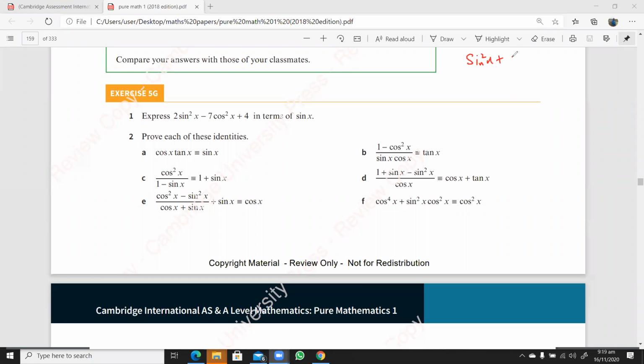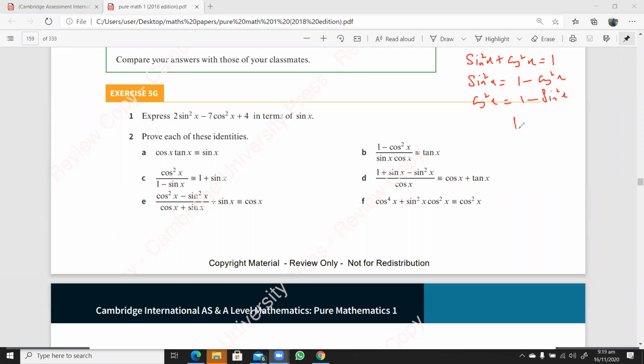Sine square x plus cos square x is equal to 1. And from this you have sine square x equal to 1 minus cos square x. And then your cos square x is 1 minus sine square x.